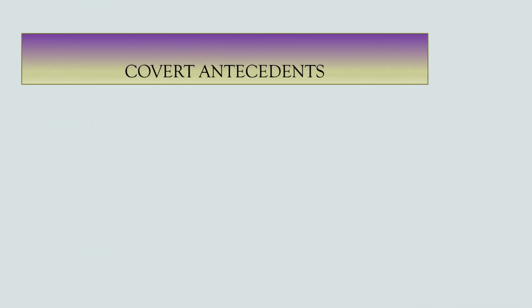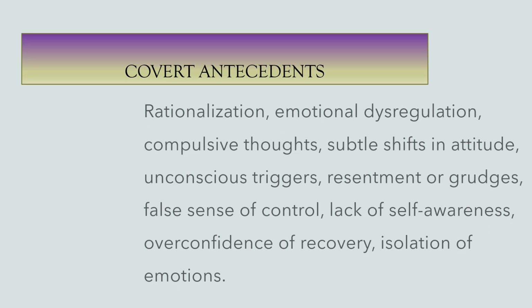Covert antecedents: rationalization, emotional dysregulation, compulsive thoughts, subtle shifts in attitude, unconscious triggers, resentment or grudges, false sense of control, lack of self-awareness, overconfidence of recovery, isolation of emotions.